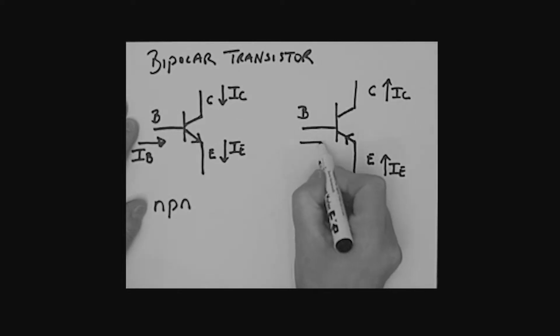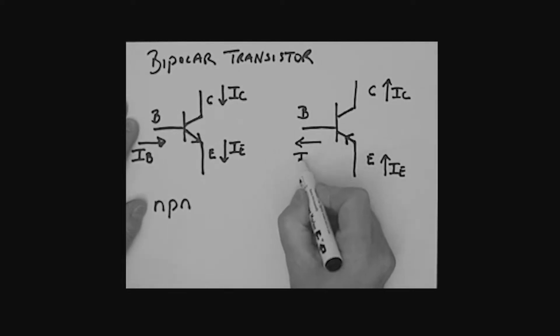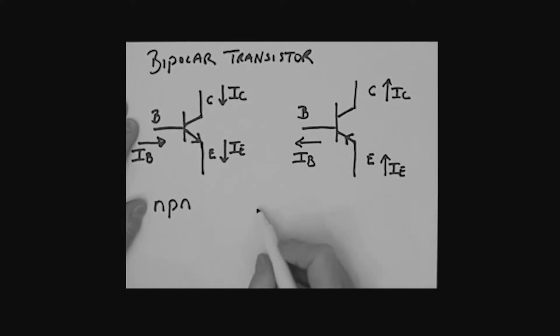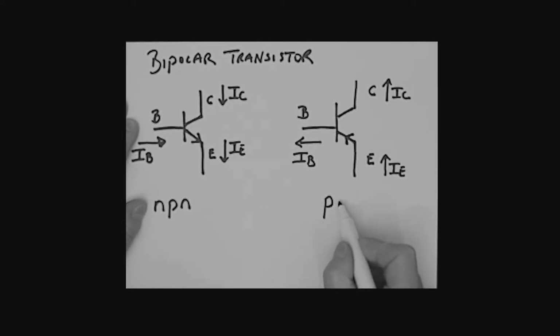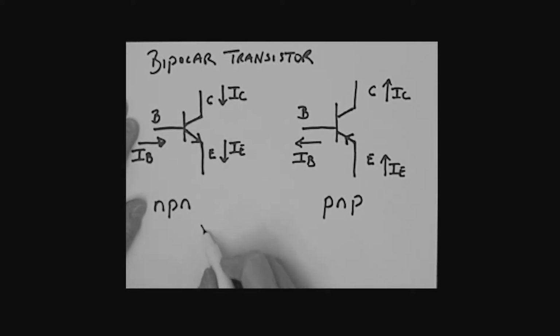And then this is the base current, which is IB. This is a PNP transistor. Our focus is really going to be on the NPN transistor. If you understand the material for the NPN transistor, you will understand the material for the PNP. It's just that the polarities will be the reverse.